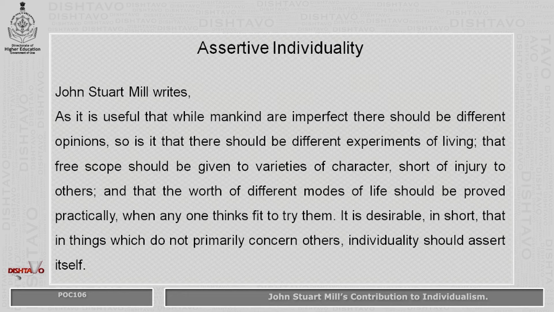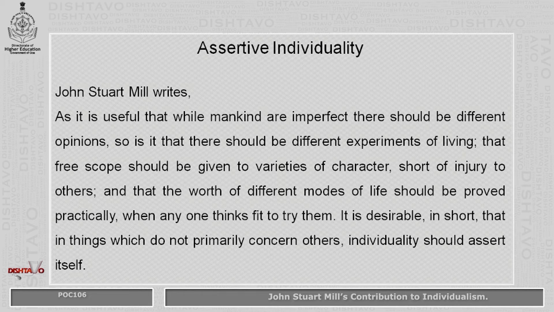John Stuart Mill writes in his book On Liberty that as it is useful that while mankind are imperfect, there should be different opinions, so is it that there should be different experiments of living.